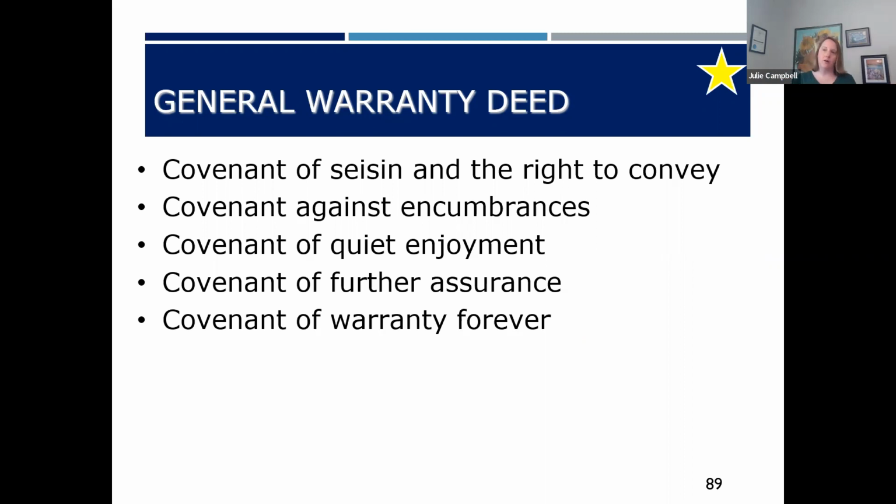The grantor is telling the grantee, I am the legal owner of this property, and I am the one that has the right to sell it or transfer it or gift it. The grantor is the one that has the right to convey it.